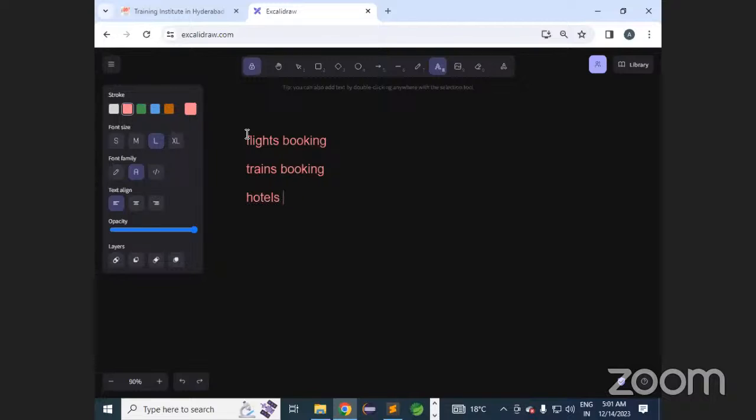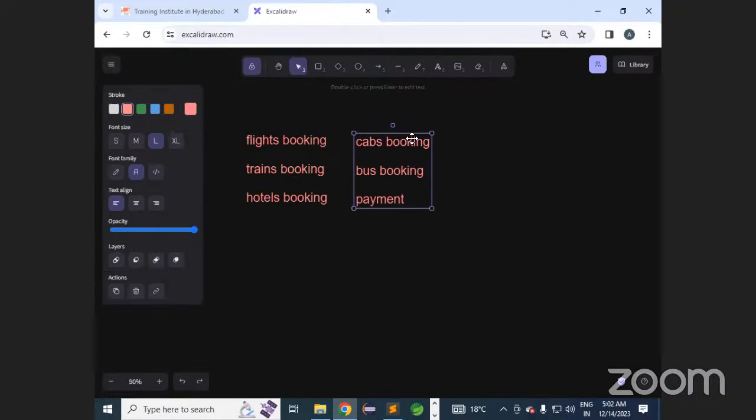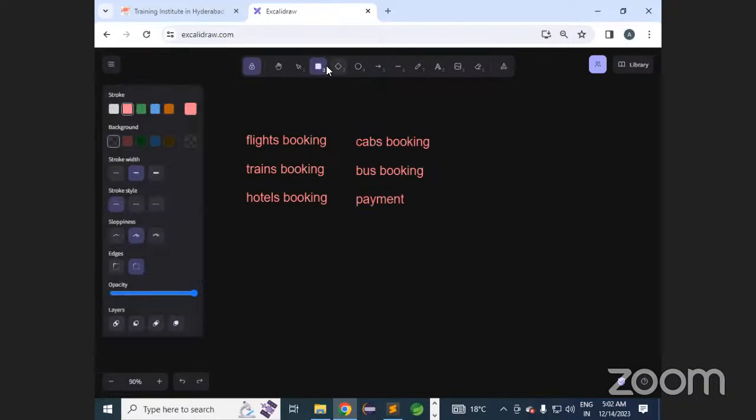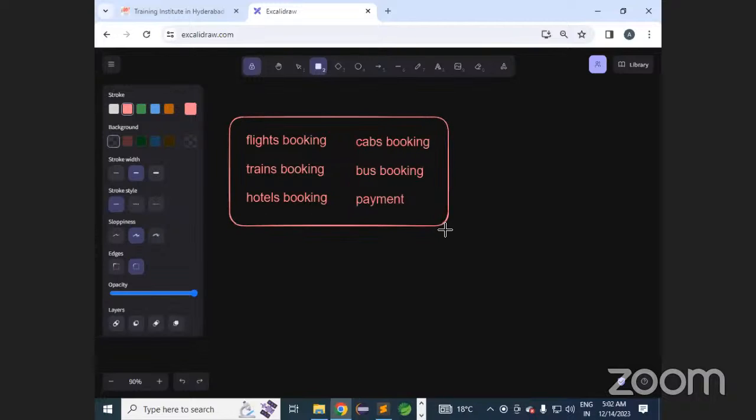Then I want to develop the functionality for cabs booking, the functionality for bus booking, and the functionality for payment. Right. So all these are my requirements. I want to develop one project with all these requirements.